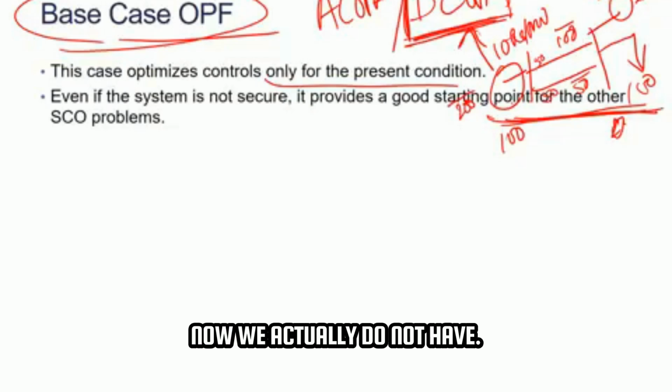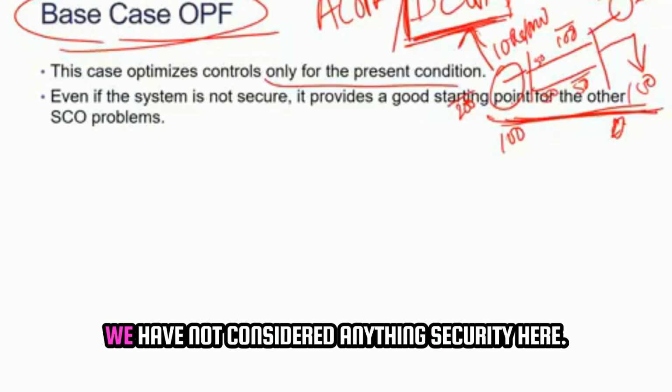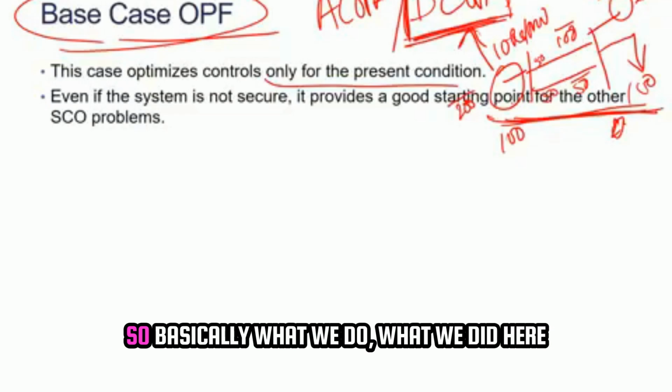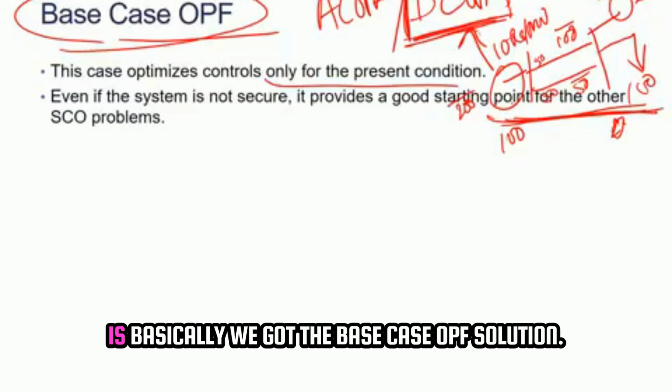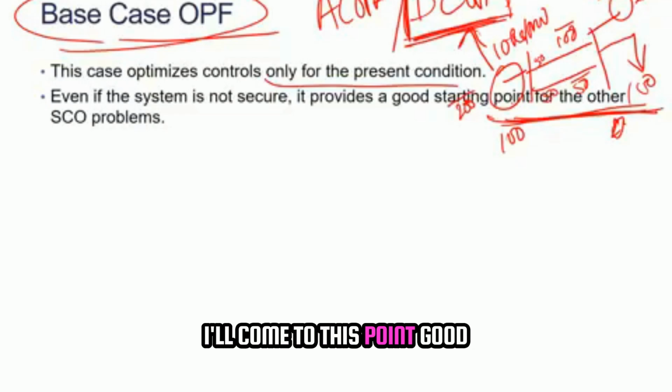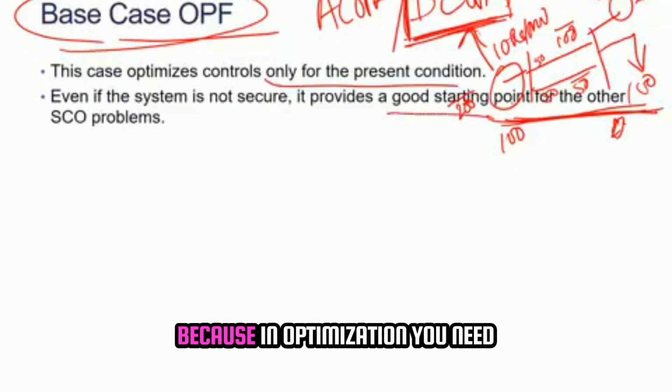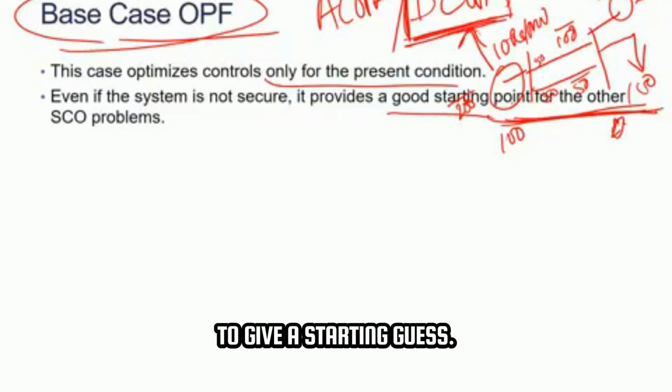Now, we have not considered anything about security here. So basically what we did is get the base case OPF solution. I'll come to this point, a good starting point, after a while, because in optimization you need to give a starting guess.